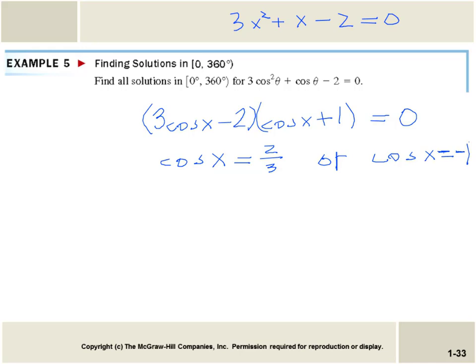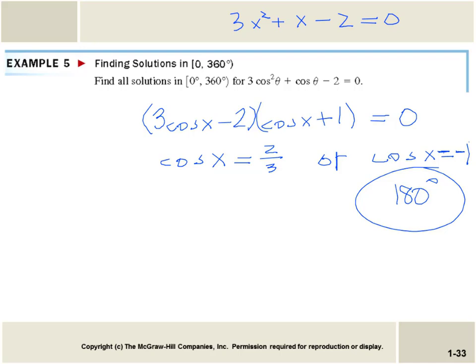Okay, so now, where does cosine of x equal -1? In degrees, actually. Good, 180.